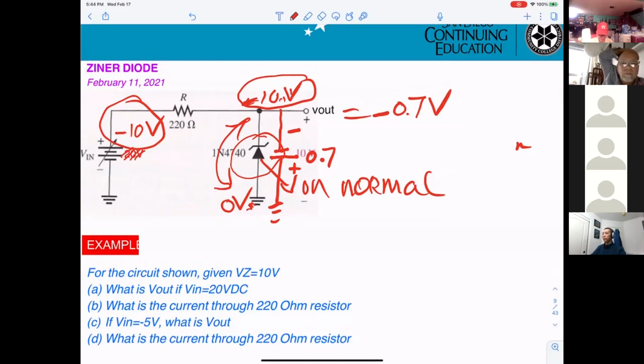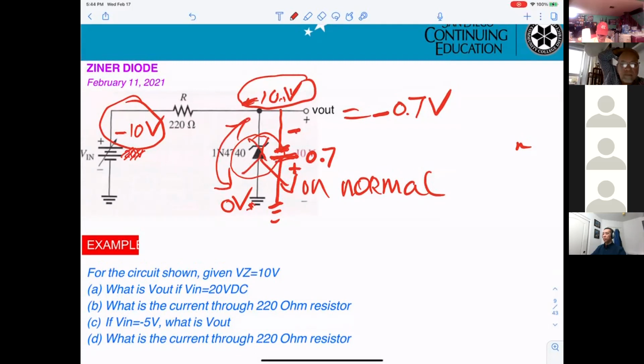When they are on, this side you put a negative, this side you put a positive, substituting for this guy. Now you can get only a power supply of 0.7 volt with a negative here and a positive here.